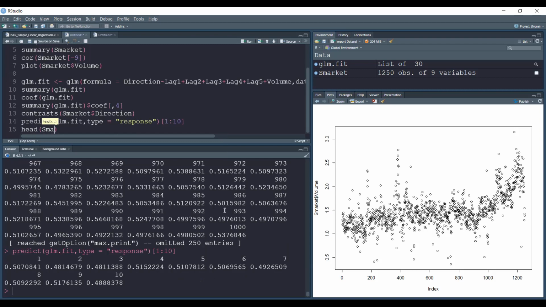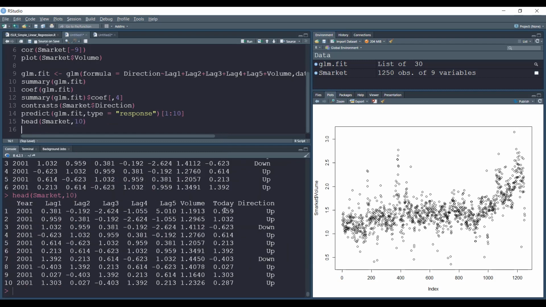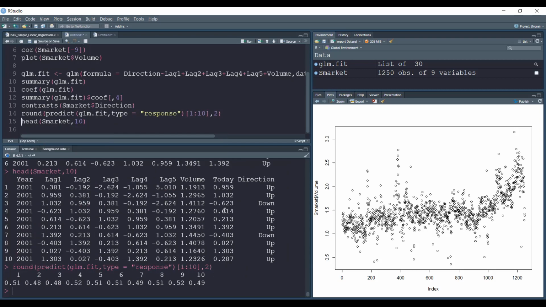S market, we'll do the first 10. And over here, we'll calculate. So look, given that there probably isn't that much of a relationship between the predictor variables and the response, most of these probabilities are just around 50%.